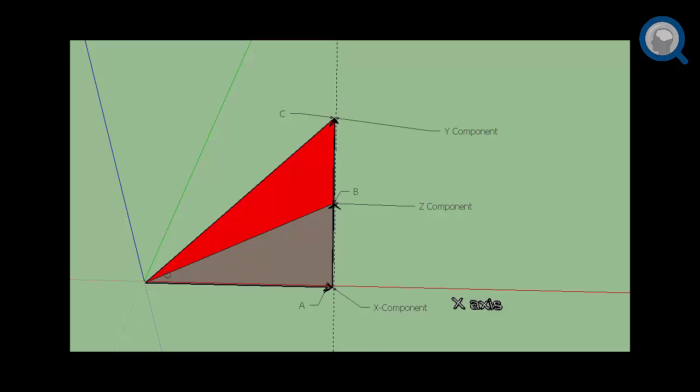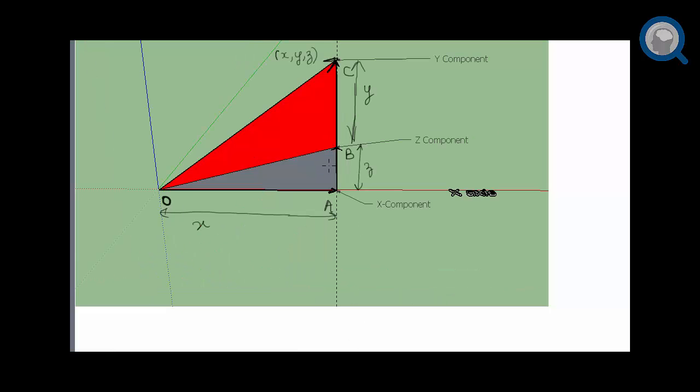So these 3 vectors constitute the position vector. I've made all those vectors around here. What we can write is vector OC equals vector OA plus vector AB plus vector BC.